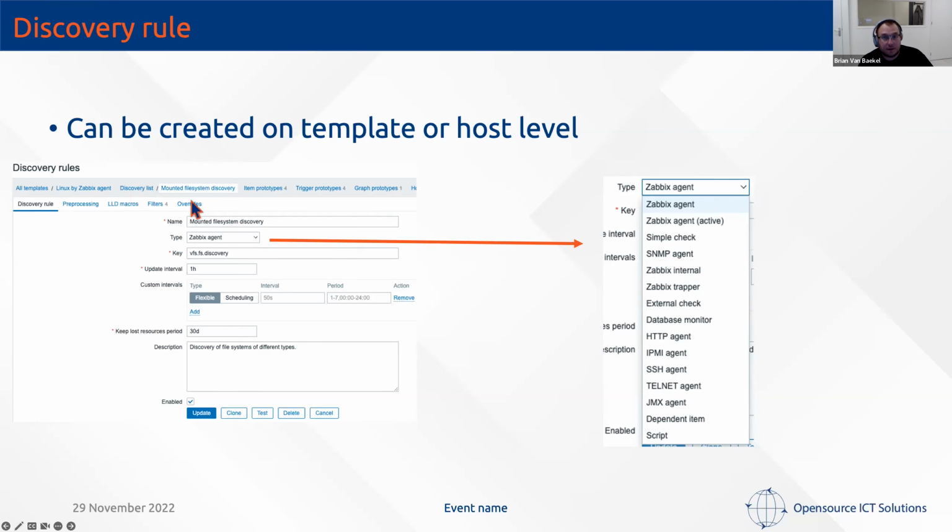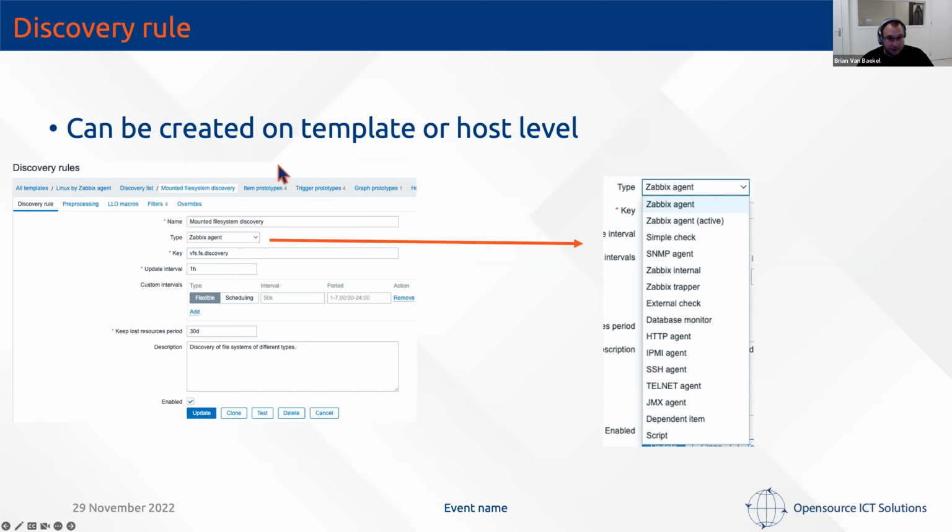I took a default one here, mounted file system discovery, which is executed by a Zabbix agent. This is again a long list with various options. So once again, we have flexibility in how data should be brought to your Zabbix instance. Then we give it some key that it knows how to get it, etc.